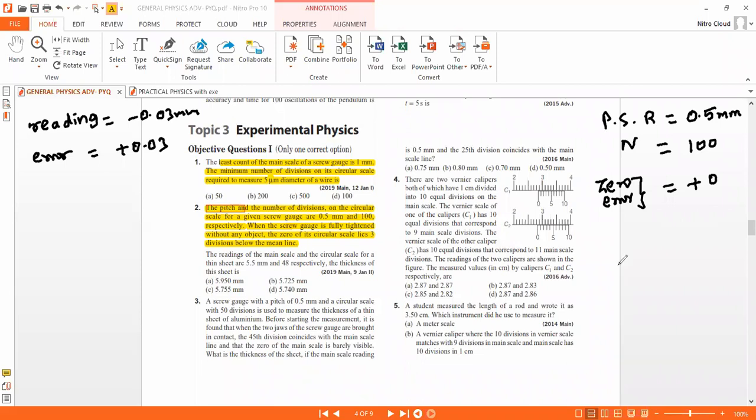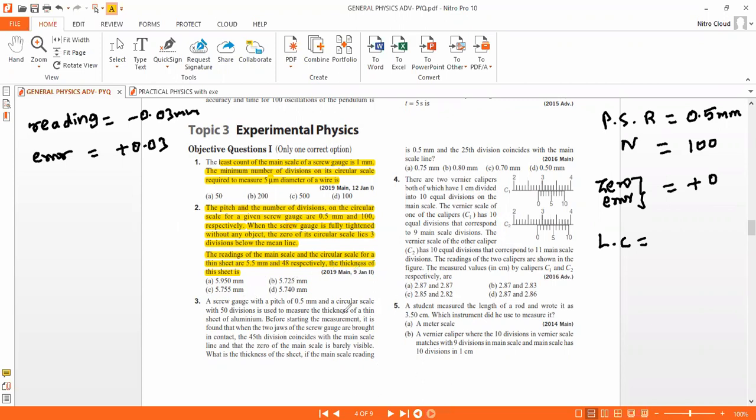Firstly, we'll find the least count of this screw gauge. They gave the readings of the main scale and circular scale for a thin sheet, and we need to find the thickness of the sheet.